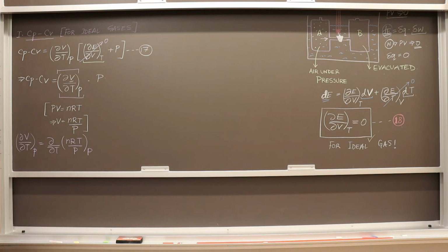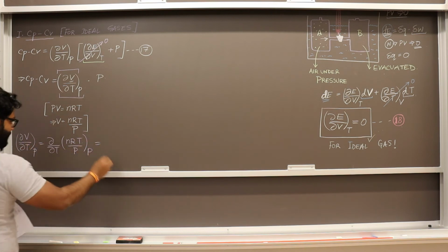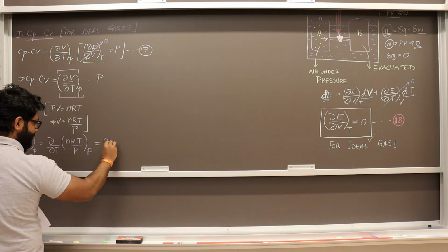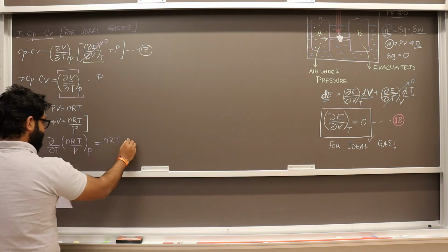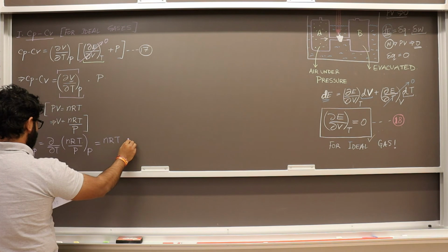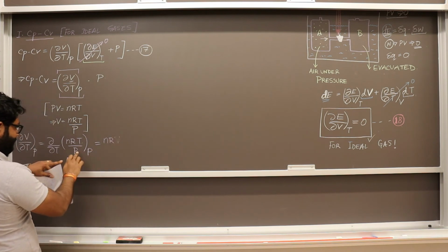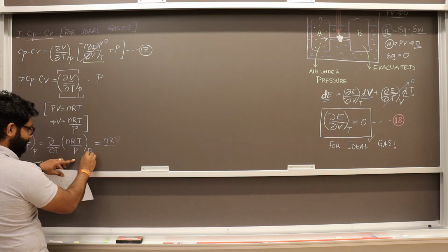Okay. Now, n and R being constant come out of the equation, and this becomes n, R, and, sorry, this is a constant P, so this is at constant pressure, right?